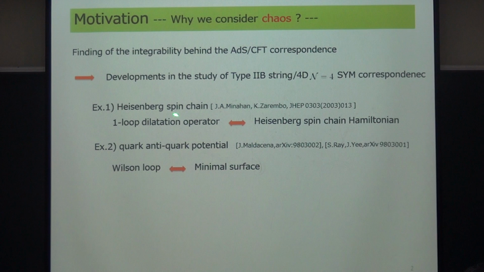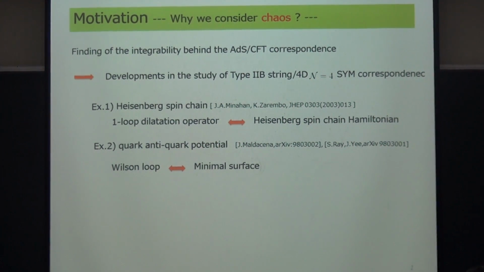For example, one rotation operator in the gauge side can be written in the same form of Heisenberg's spin chain Hamiltonian. So this operator can be solved exactly. And moreover, the quark-antiquark potential is also exactly solved because the minimal surface can be solved exactly based on the integrability technique.